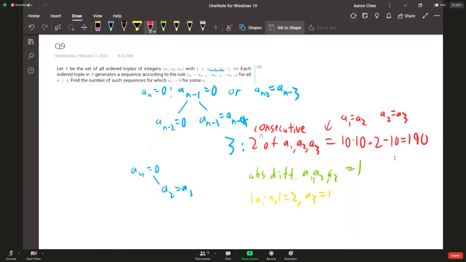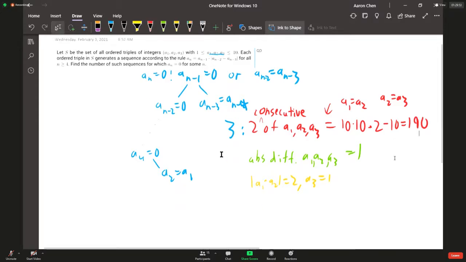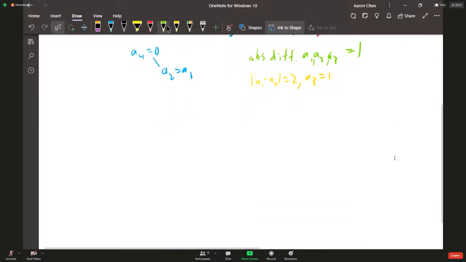All right. And so now we can move on to the second case, where the absolute difference between two consecutive terms is 1. So, for example, say you have that x minus y is equal to 1 first, and the total permutations are of x, y, and z.